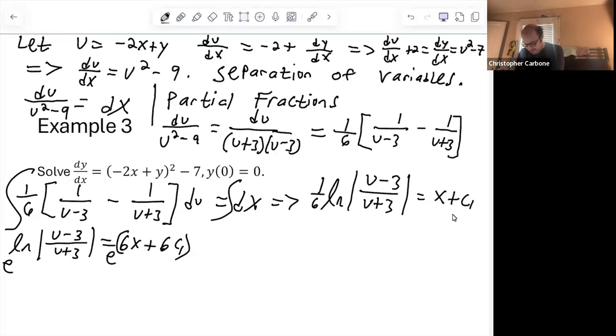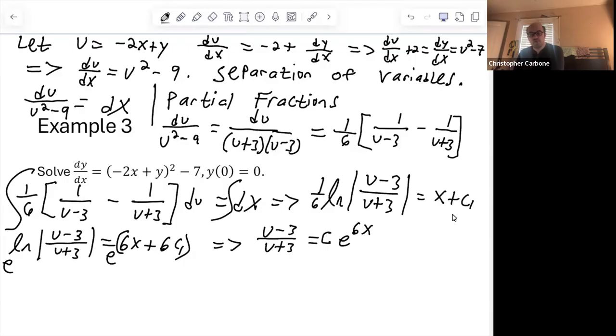The left-hand side thankfully reduces to u minus 3 over u plus 3 is equal to e to the 6 times c sub 1 power. Getting rid of those absolute value bars allows that to be positive and negative. I'm going to replace that with a c times e to the 6x.